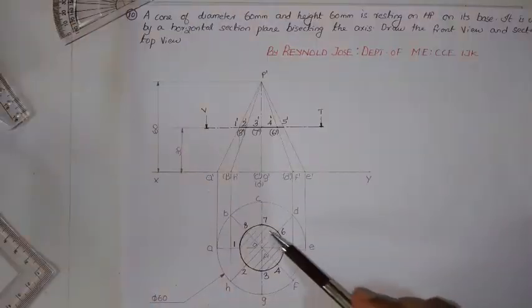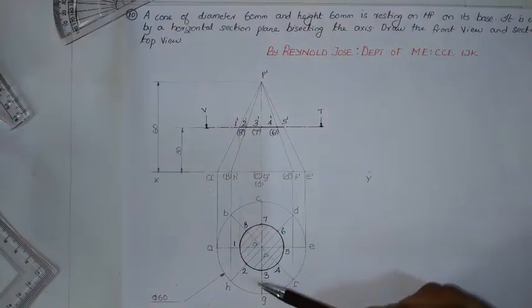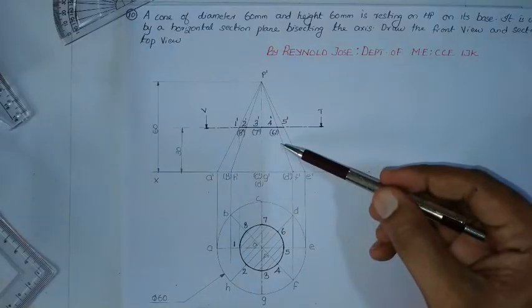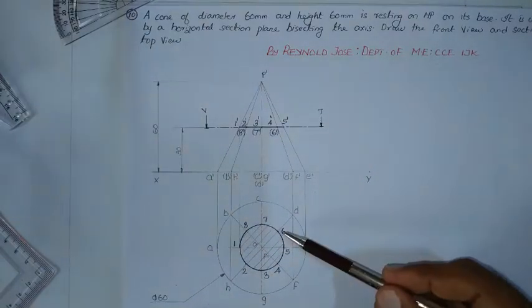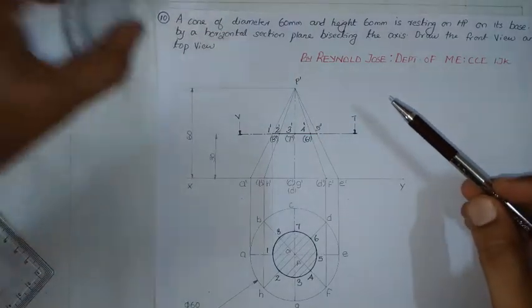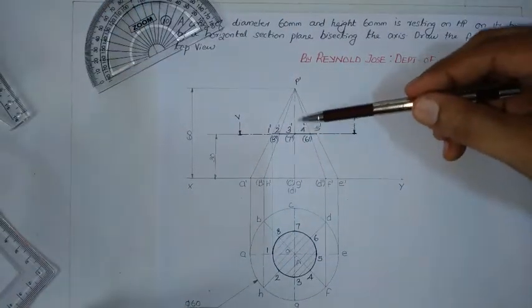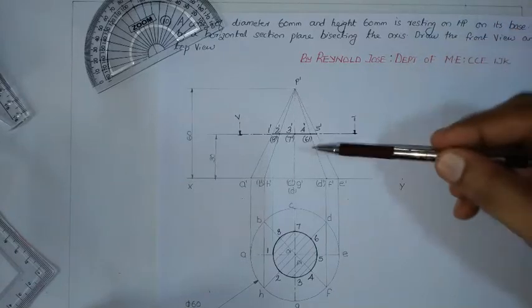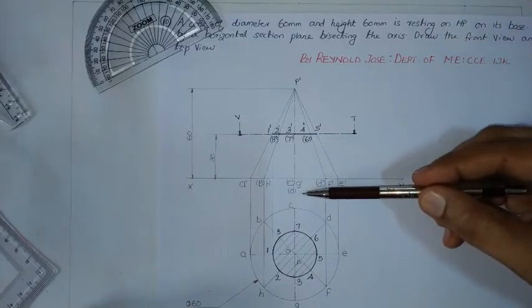After marking the hatching lines, the next step is draw the remaining regions in the front view and draw the remaining regions in the top view. So in the front view, this is our section plane. We shall consider that this portion that is above the section plane is removed and which is below the section plane is remaining.